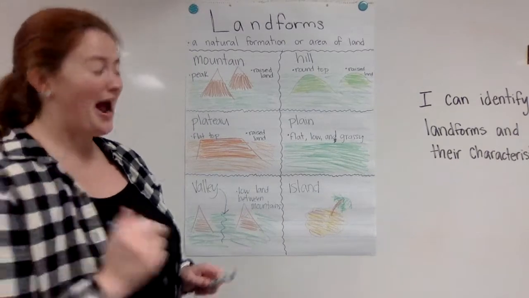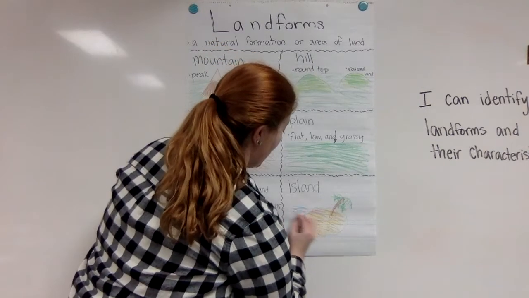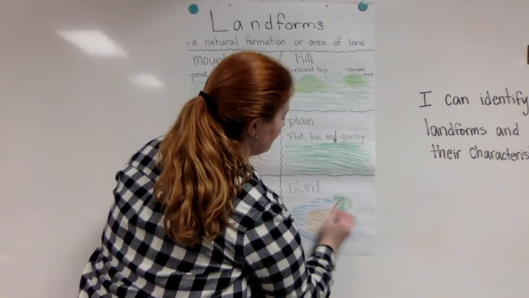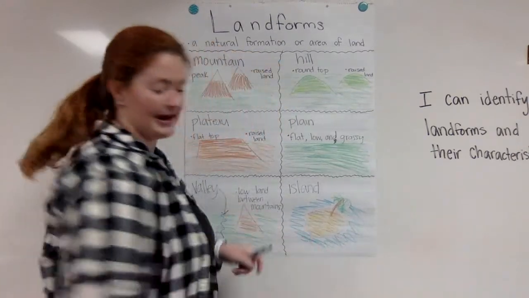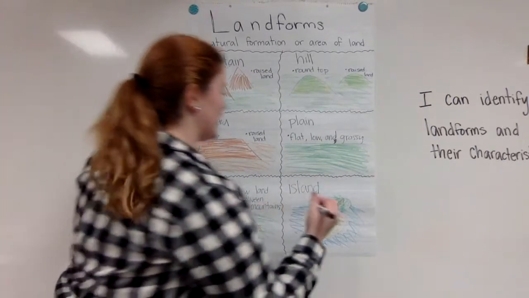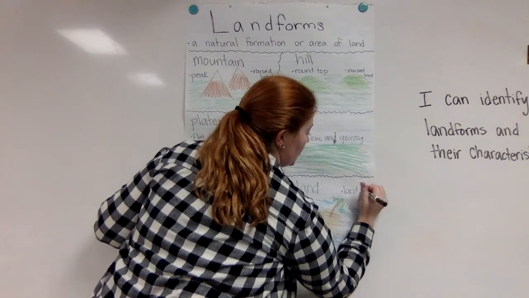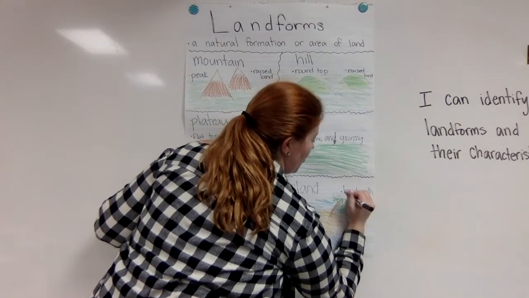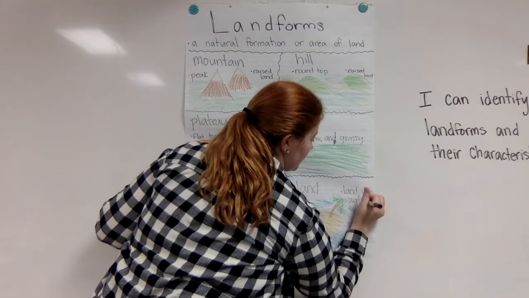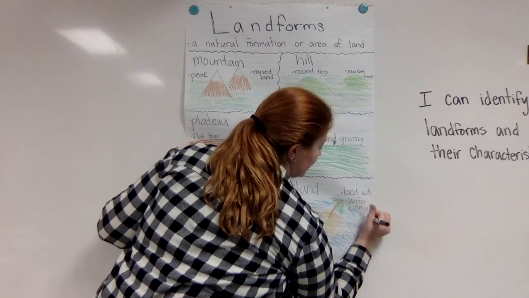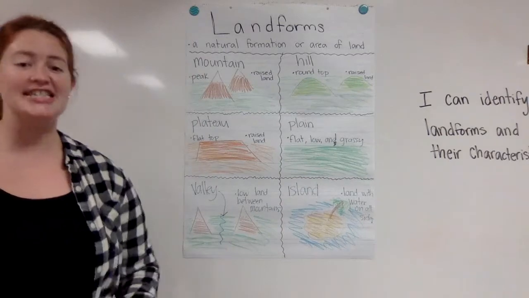Oh, I do have to draw the water all the way around it. Otherwise, it's not really an island yet. Here is some water around my island, okay? So it is land with water on all sides. Just like that.